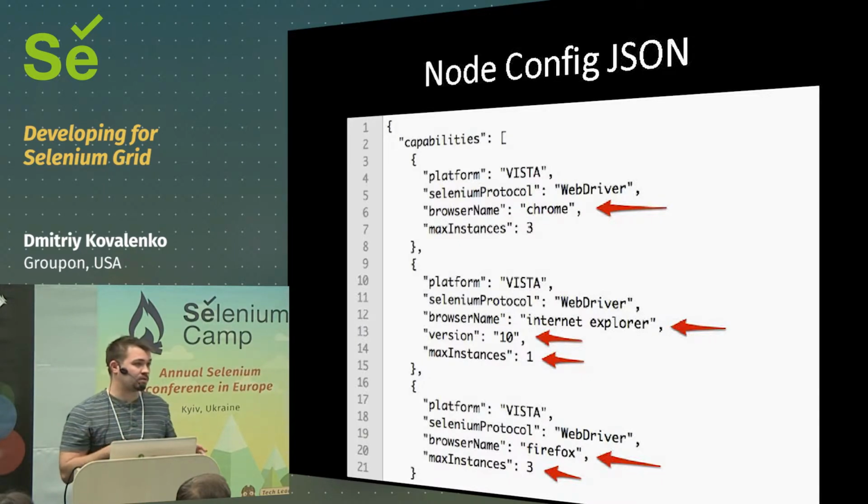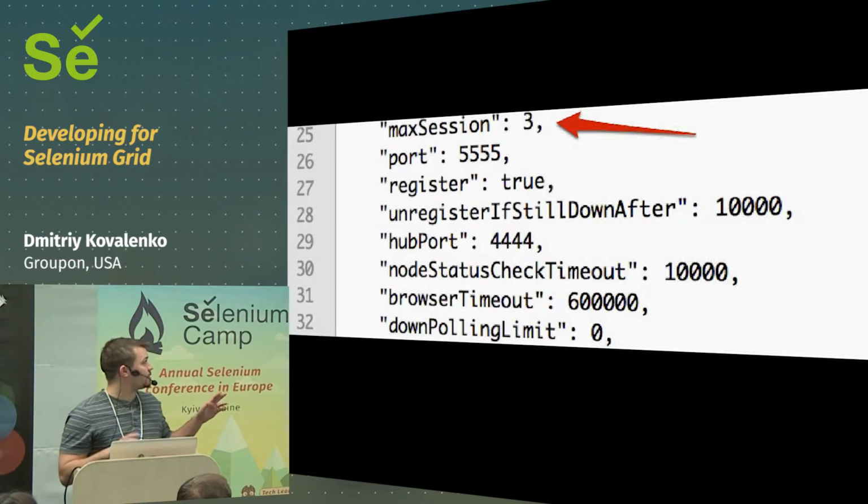If you want to start 2 instances of Internet Explorer or 2 instances of Safari, you can, but they will be interfering with each other, so you will not get very good, consistent results. Max session config is basically, yeah, I can run 2 instances of Firefox and 1 instance of Chrome.